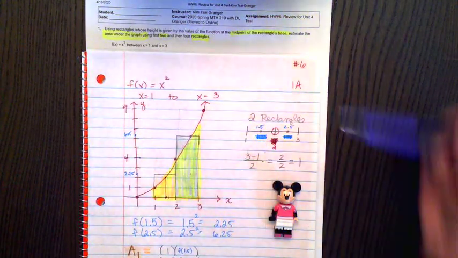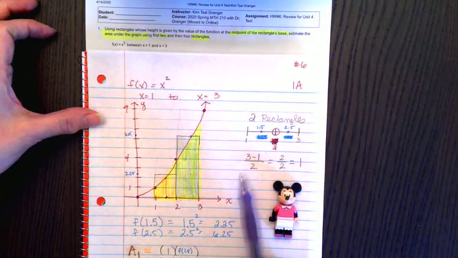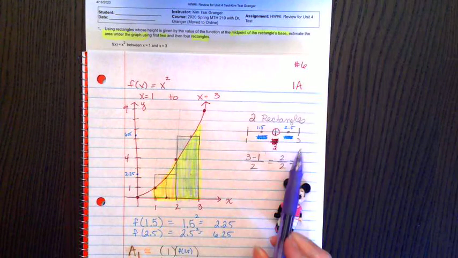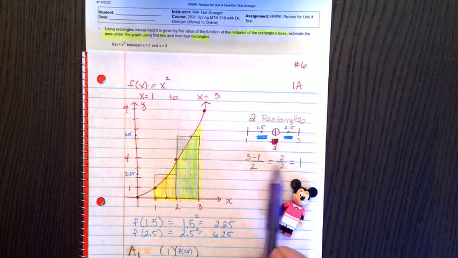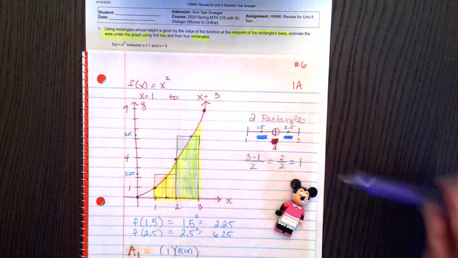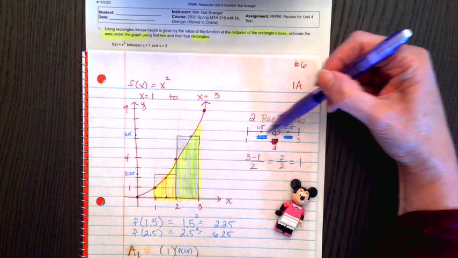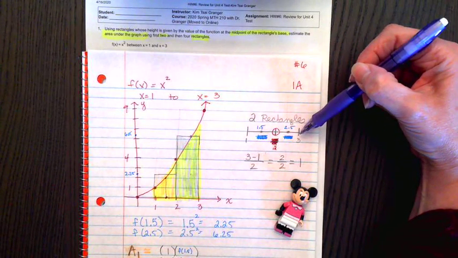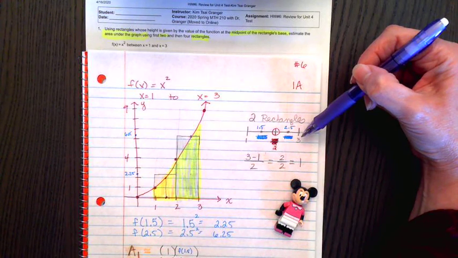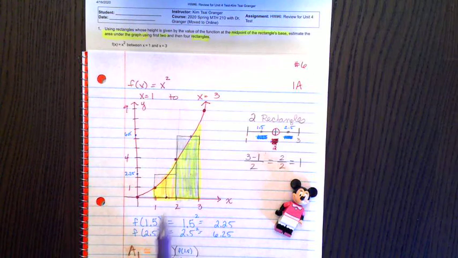If you're still lagging a little behind on how the width was 1, here's the formula we used. 3 minus 1 tells us how long this length is. It's 2 units long. And then dividing by 2, because we have 2 rectangles, tells us that each rectangle is 1 wide. So we've got the width.